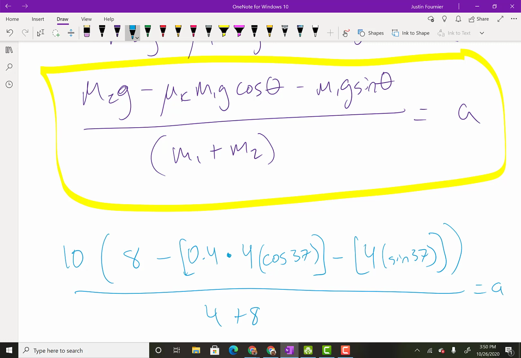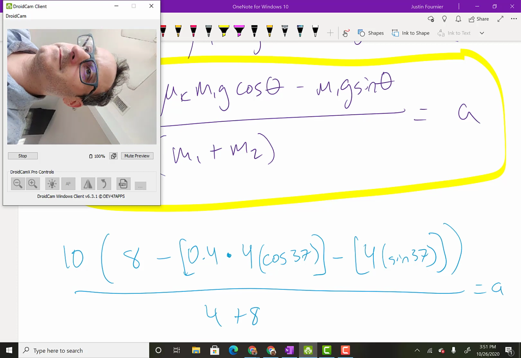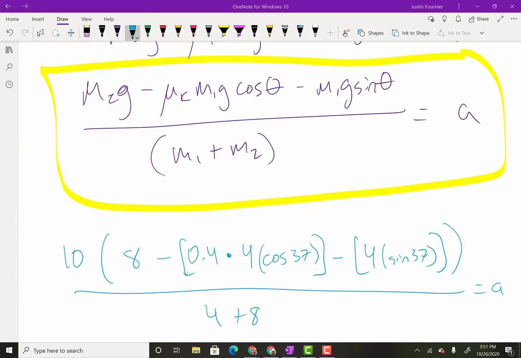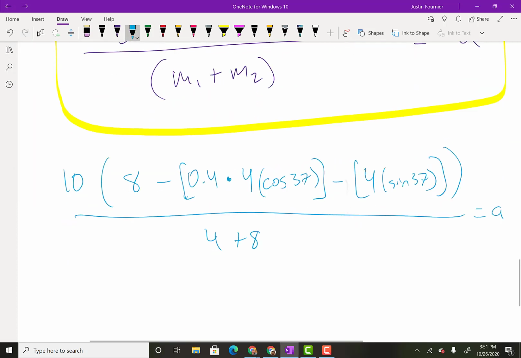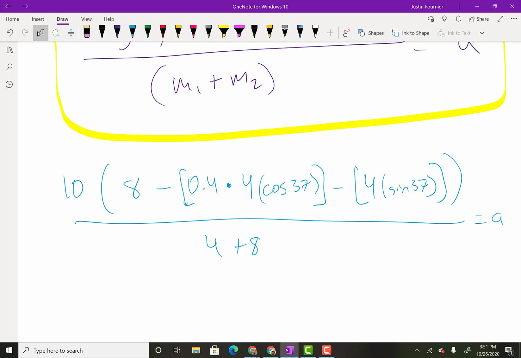Okay, so we're going to calculate exactly what that is. So this is going to be sine of 37 times 4. I got cosine of 37 times 4 times 0.4.